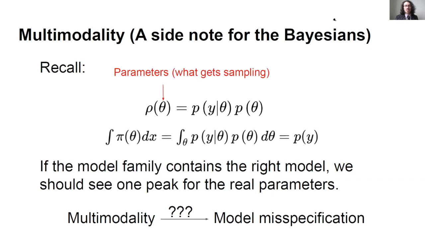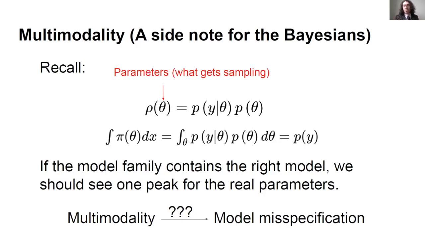So if you're seeing multimodality, one reason could be that you didn't choose a good family of models, and you're trapped between comparably bad solutions. It's not always true, but multimodality can be a sign that you didn't specify your model correctly.